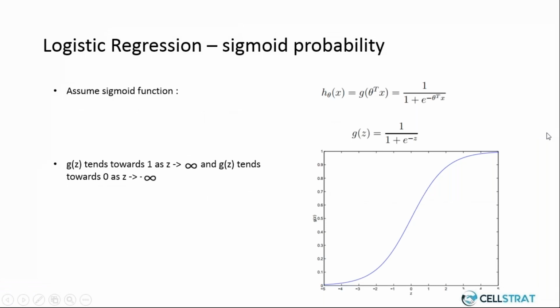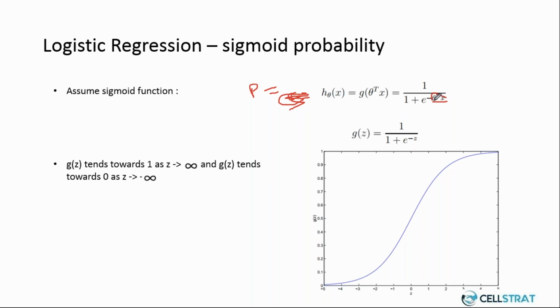Same thing is here, what we just discussed. This is the probability, and I am applying sigma, the sigmoid function, to the theta x vector. 1 divided by 1 plus e to the power of minus t. And what was that t we have?